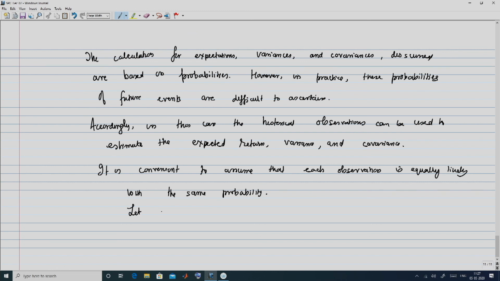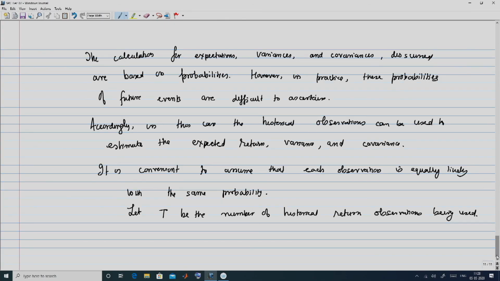Let capital T be the number of historical return observations being used. So, this means that there are actually capital T plus 1 historical data points, which will give us capital T historical observations.